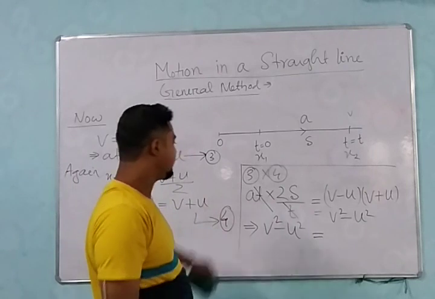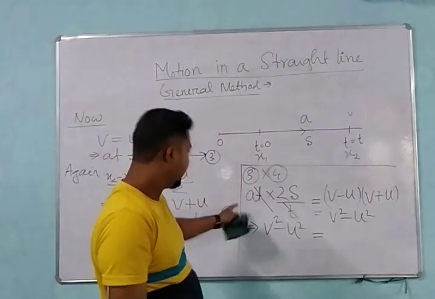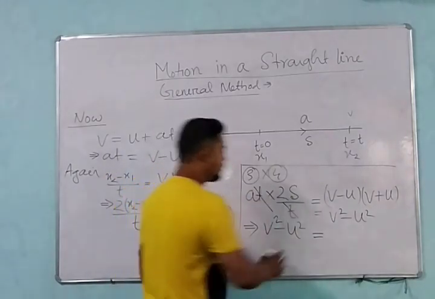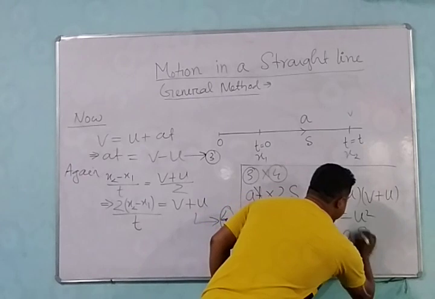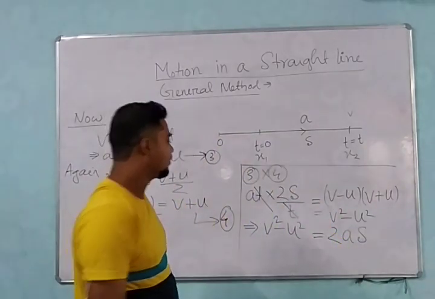In the left hand side, that will be equal to twice as. So the equation will be v square minus u square is equal to twice as.